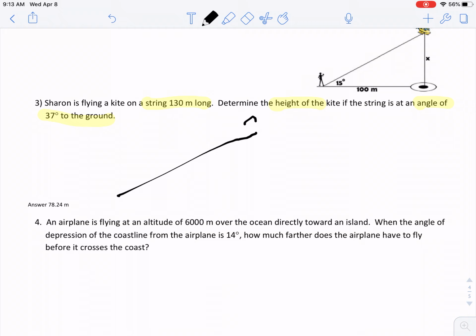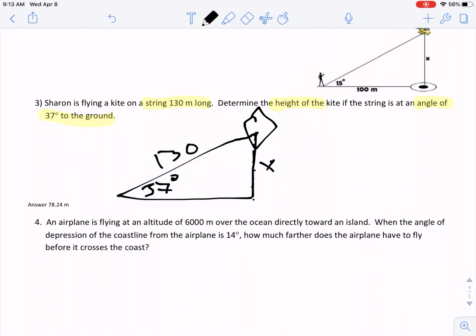Up here's my kite. That's the height of the kite. I don't know the height. That's what I want. The string, which is over here, is 130, and my angle to the ground is 37 degrees.